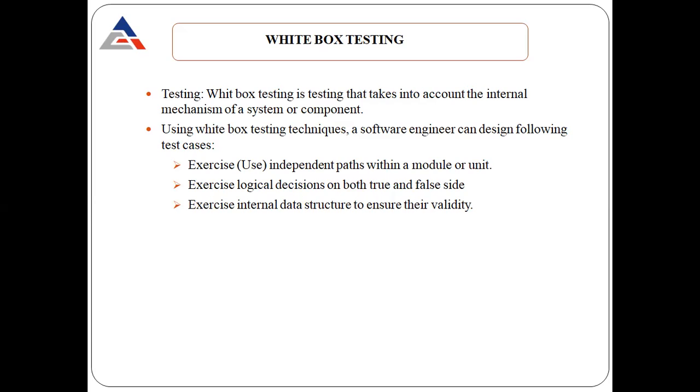If we put an if condition there, we have to check the true side: if the condition is true, are we getting the correct output? And if the condition is false, are we still getting the correct output? And finally, exercise internal data structures to ensure data validity.